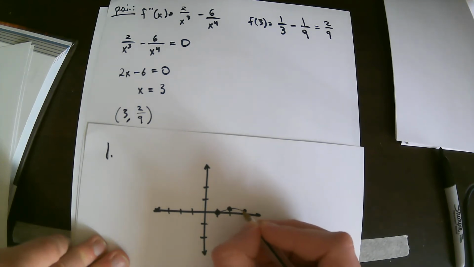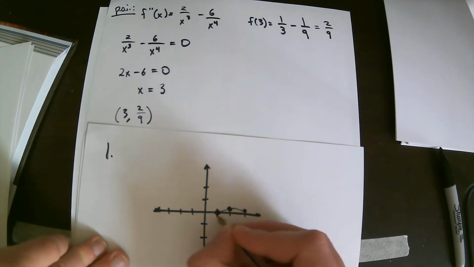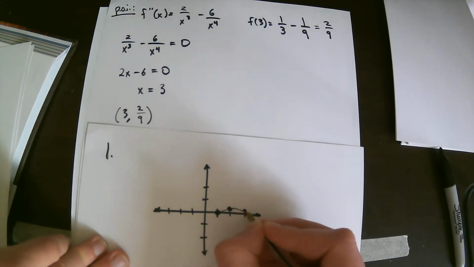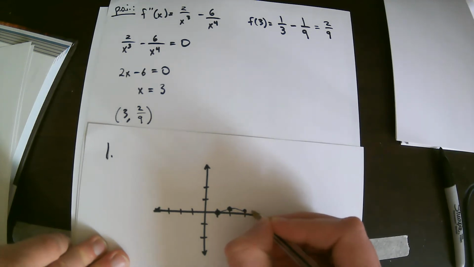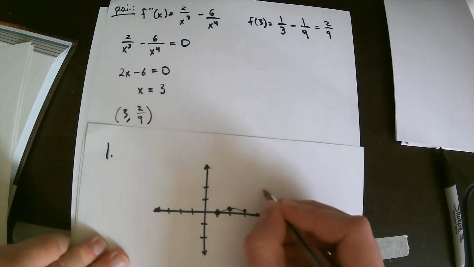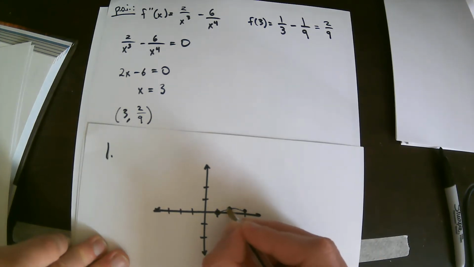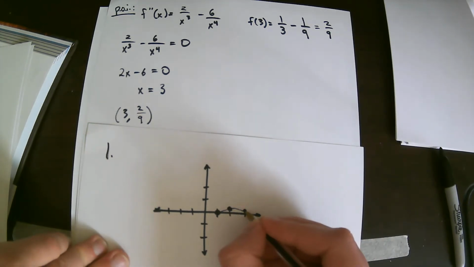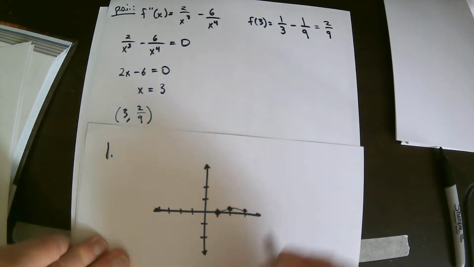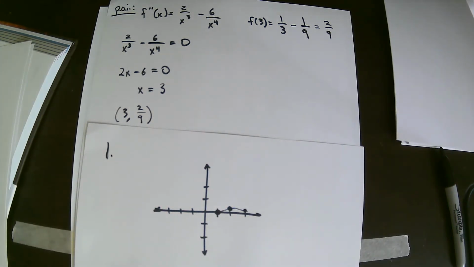So this has to come down, meaning that this is concave down and then up, and then right here we need to know, is it supposed to continue going down, or does it go up? But we already know that this point is supposed to be a relative maximum. Oh no, I'm sorry.